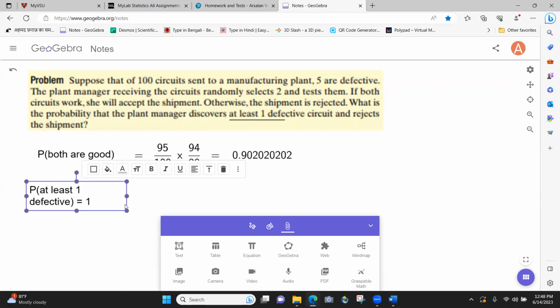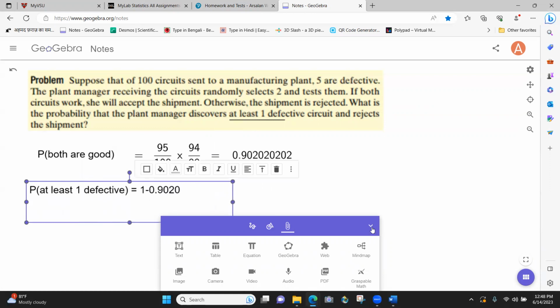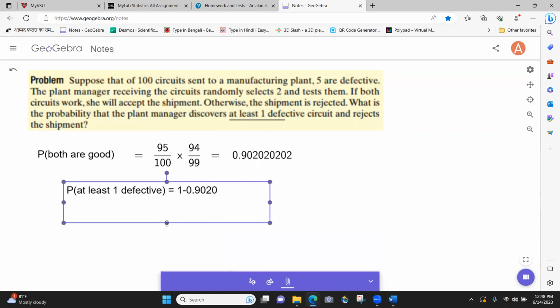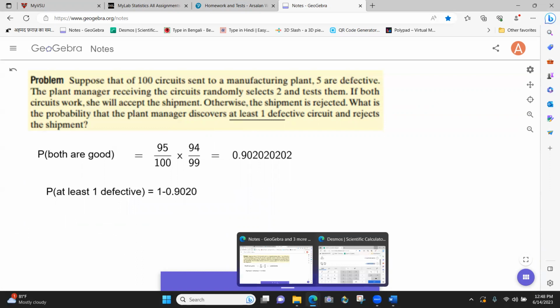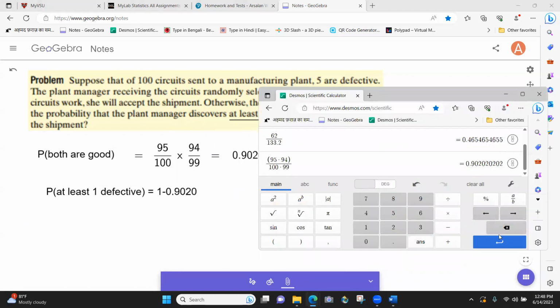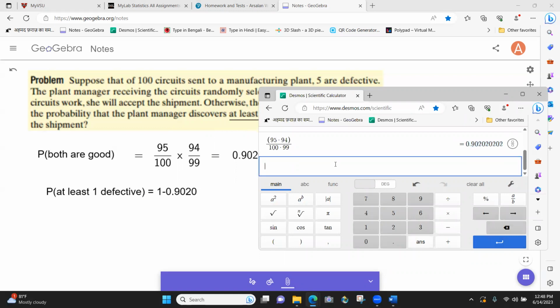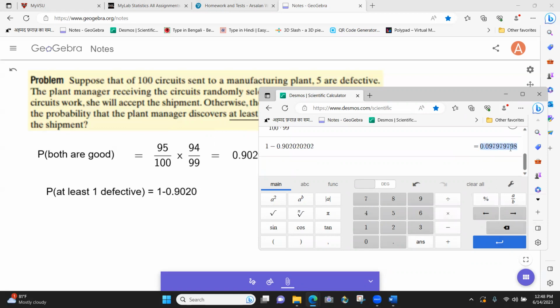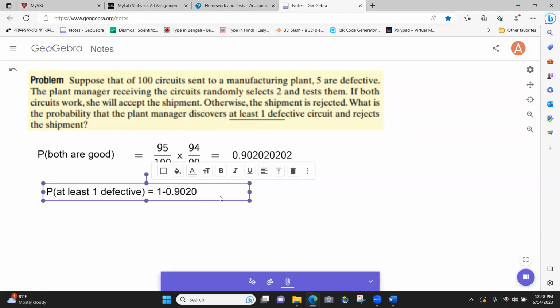I just have to subtract one minus 0.9020, all the other numbers, but that's good enough for me. So it's going to be a small number. Very small number, 0.097.